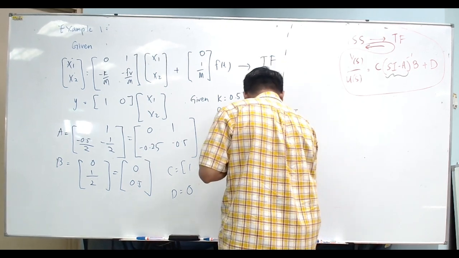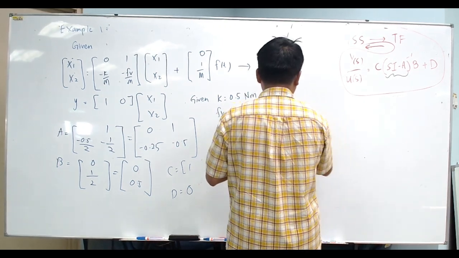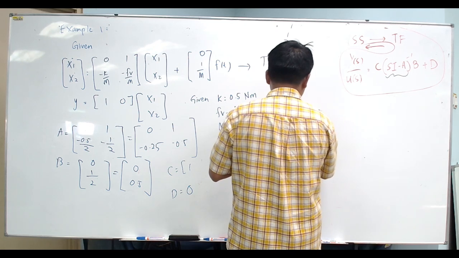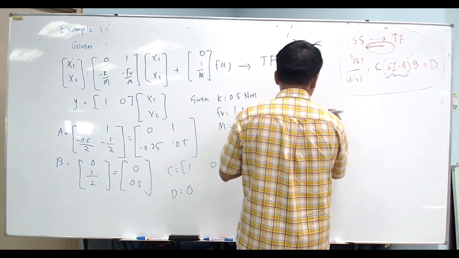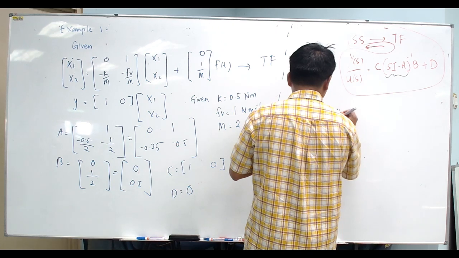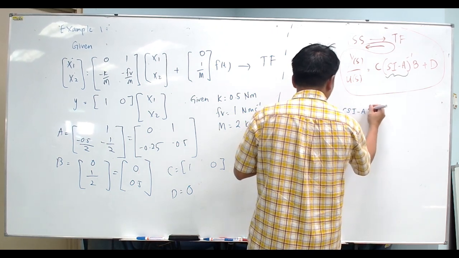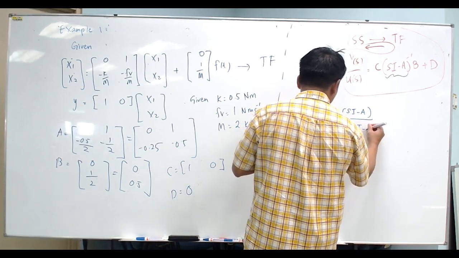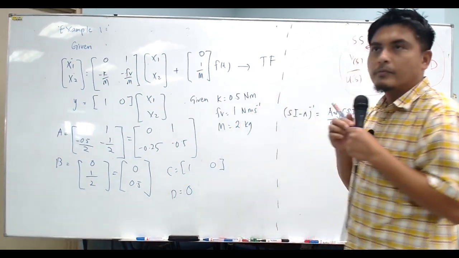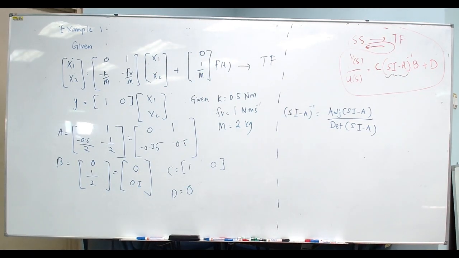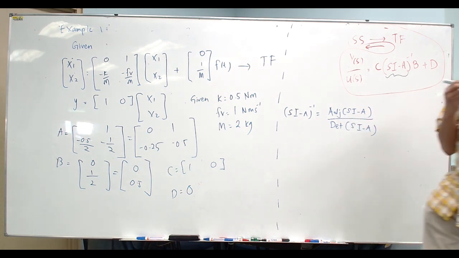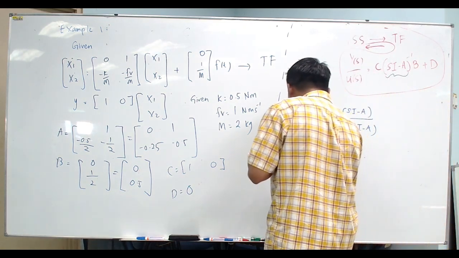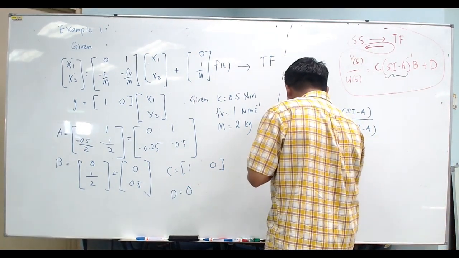(sI minus A) inverse is actually equal to adjoint (sI minus A) over determinant (sI minus A). Right? We did this exercise before in mathematics. So now, in order to find the adjoint of (sI minus A), you need to solve sI minus A first.